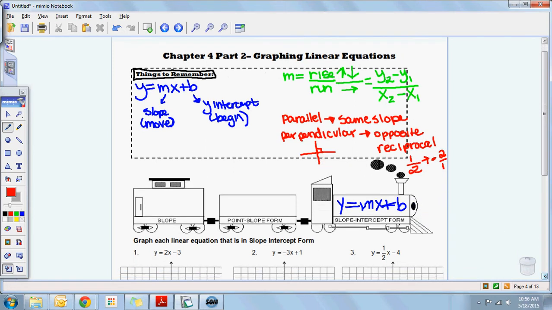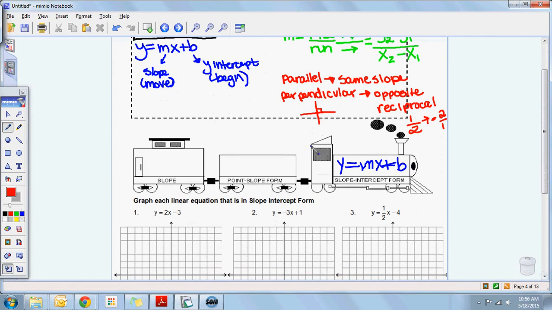So the last piece of notes that you need to write down: usually this is how we end, in slope-intercept form, but sometimes we can't just write it in slope-intercept form to start. So sometimes we have to work our way through the train. If you are only given 2 points, so 2 ordered pairs, then you have to work your way through the slope formula.